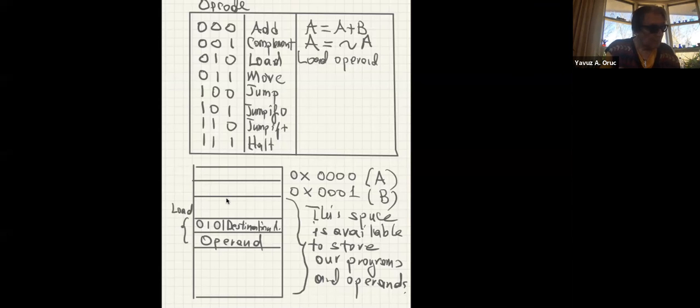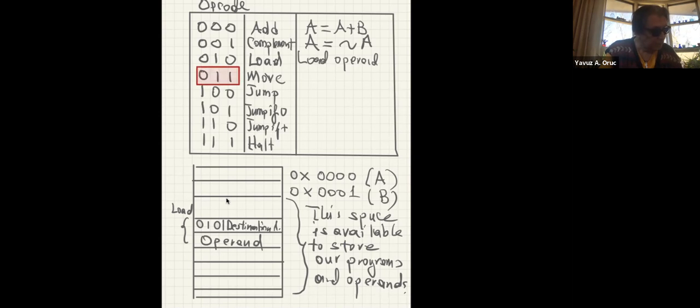The next instruction I'm going to put down here, for demonstration, is what we call a move instruction. I'm going to draw the move instruction. It's also going to take some 32 bits of information to describe. The opcode of the move, as you can see here, is 011.